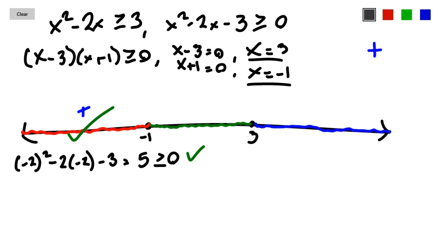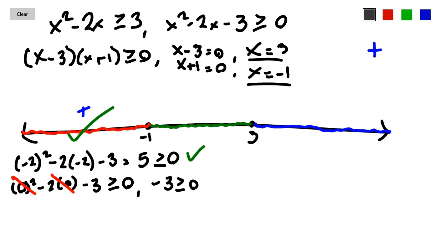And if I pick 0 here, I get 0 squared minus 2 times 0 minus 3. So if we plug in 0 here, both of these first terms cancel, and we end up with negative 3 is greater than or equal to 0, which we know doesn't make any sense. It's not true. So we get negative values for the second interval, which means it isn't valid.